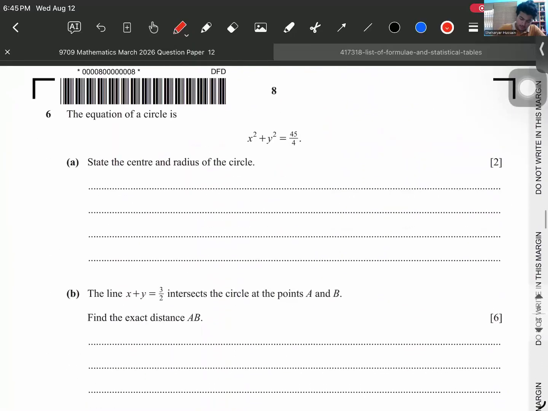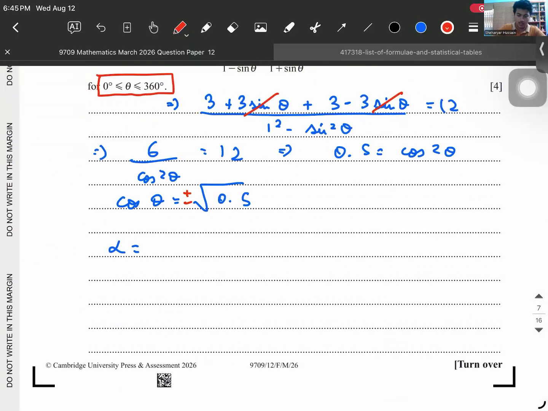All right, continuing this further, the basic angle that we're getting for cos inverse of under root of 0.5 is 45. So 45 is the basic angle. And now we'll use the butterfly or the CAST rule, whichever way you call it, right?